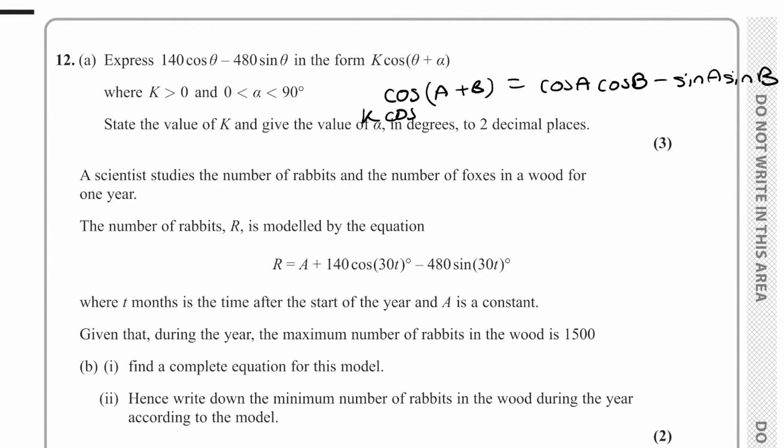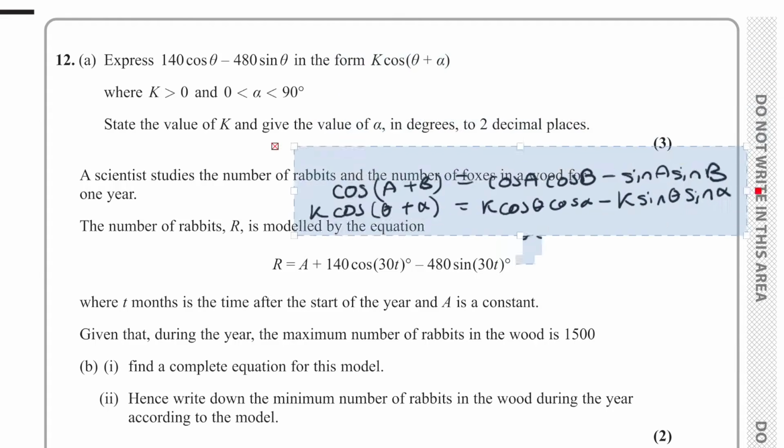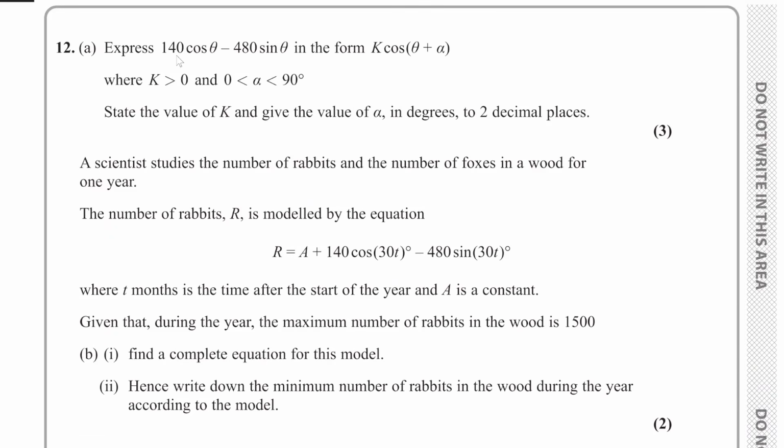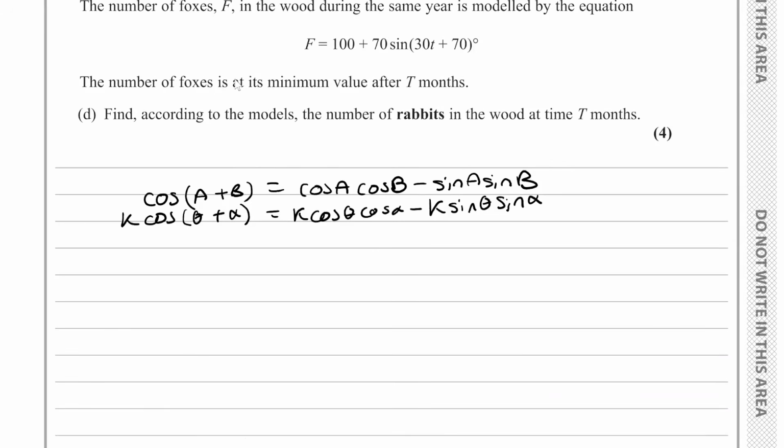So k cos(theta plus alpha) equals k cos theta cos alpha minus k sine theta sine alpha. And what are we starting with? 140 cos theta minus 480 sine theta.